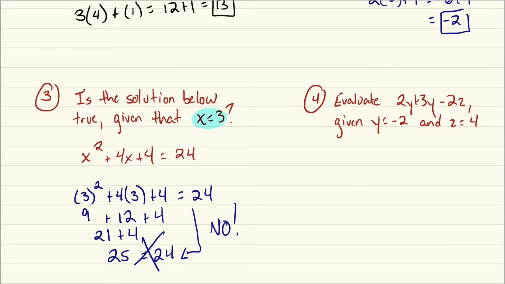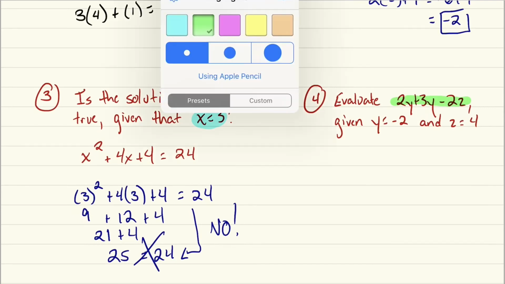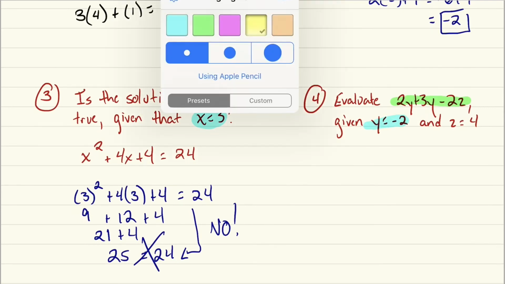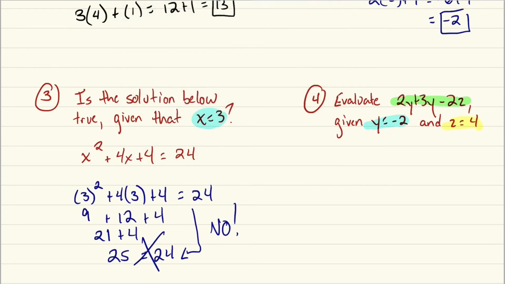All right, and then our last one. It says, evaluate 2y plus 3y minus 2z, given that y is equal to negative 2 and z is equal to 4. Guys, this is the exact same kind of problem that we've been doing in the previous three. It's just written in a different way. They give us our equation. I'm going to highlight the equation in green. Then they tell us what y is equal to, and they tell us what z is equal to.